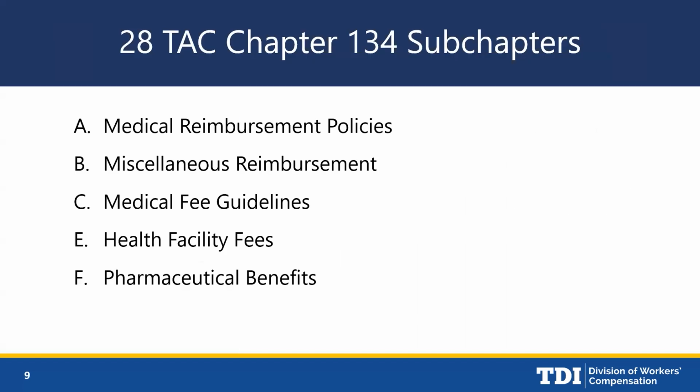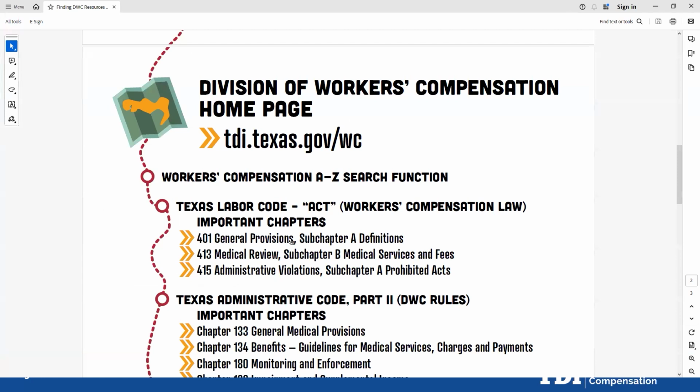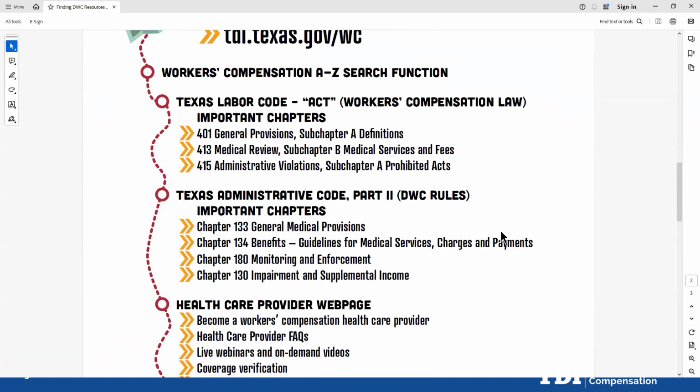If you were to go to R for rules, and that's on your interactive document, I will take you over there now. So on the second page of your interactive document, there's some important chapters and rules. As you see, Chapter 133, I was just talking about, and 134. You can just hop over there at any time. There's a lot of other links.